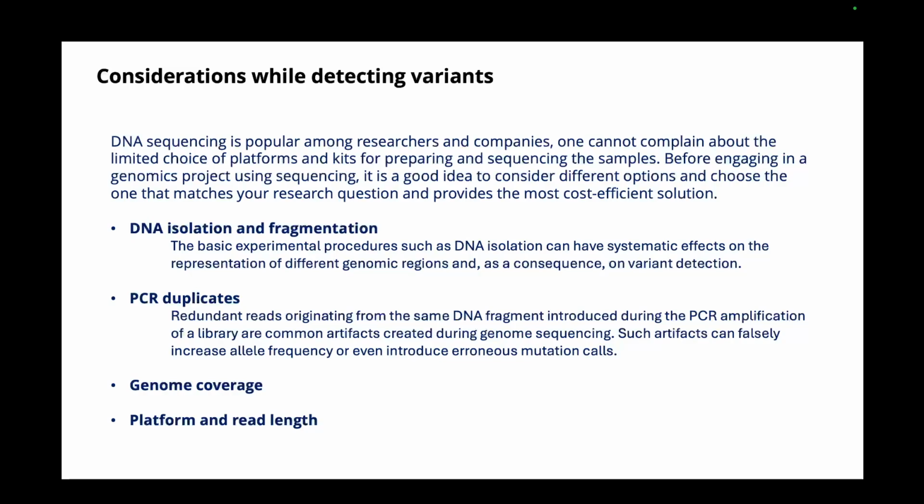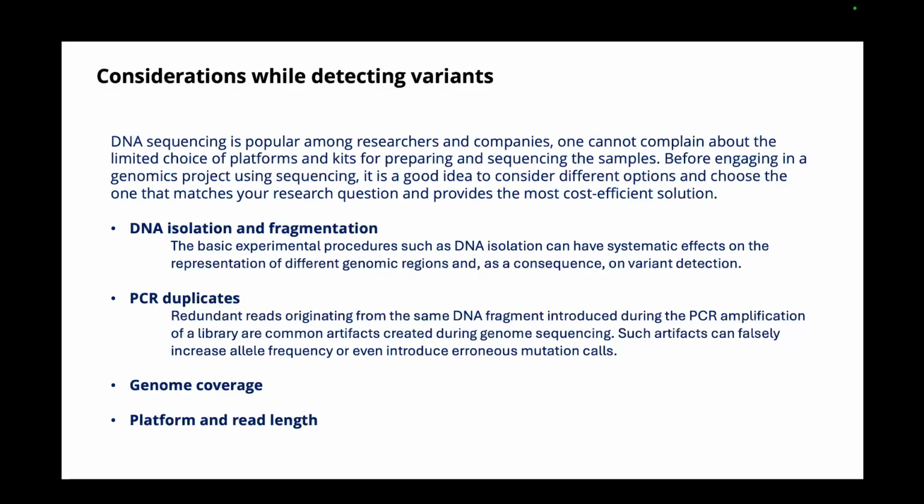Yeah, the third thing that comes into play is the genome coverage, as I was talking about. So the coverage of the genome has to be enough so that when you find a variant, you can claim with confidence that the variant is actually present. It's not sequencing error. It's not some false positive or anything. So you need to have enough evidence for that particular variant. One way you can increase the evidence is by increasing the coverage, the depth of the sequencing.